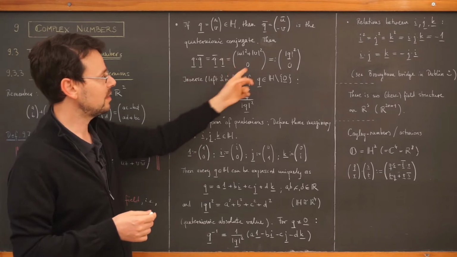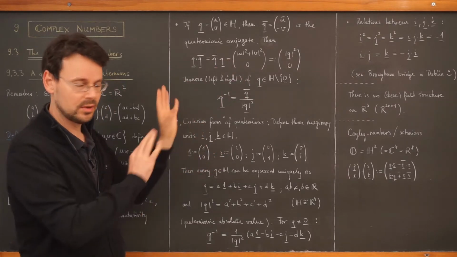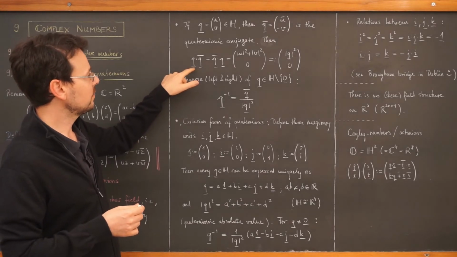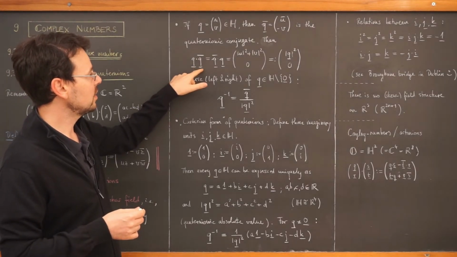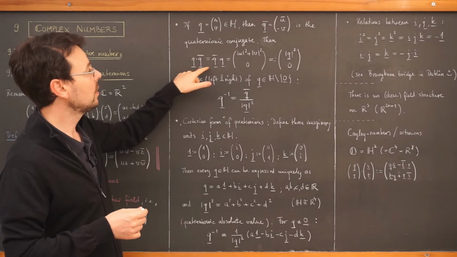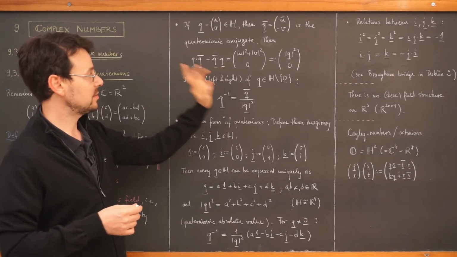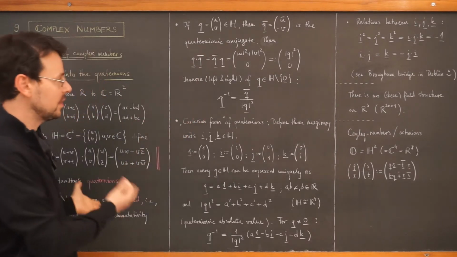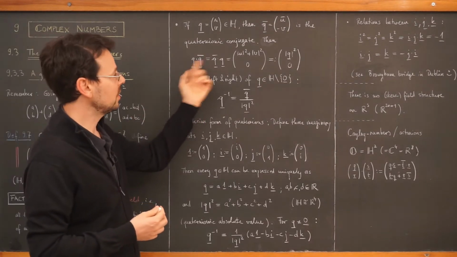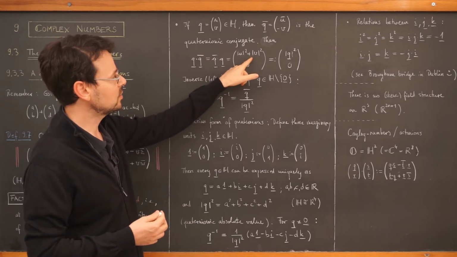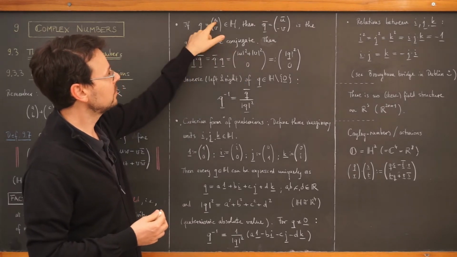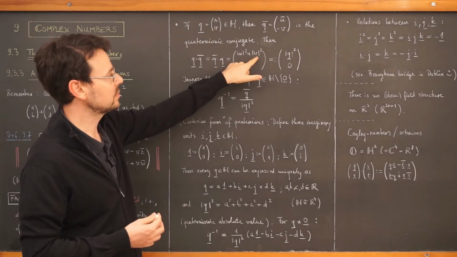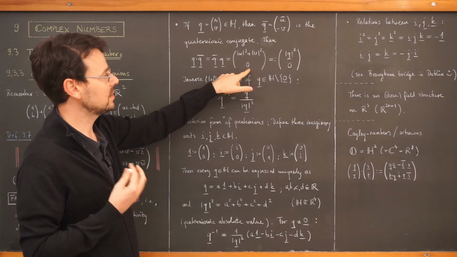And with this notation we have almost the same formulas as in the complex numbers. Because, and this is stuff that you should check on your own, I'm not providing any details here, if you multiply the quaternion with its quaternionic conjugate, you get the same as when you reverse the order, which is not clear because, again, the multiplication is not commutative, but either way you get this expression: the absolute value of this complex number squared plus the absolute value of this complex number squared, and the second entry is 0.